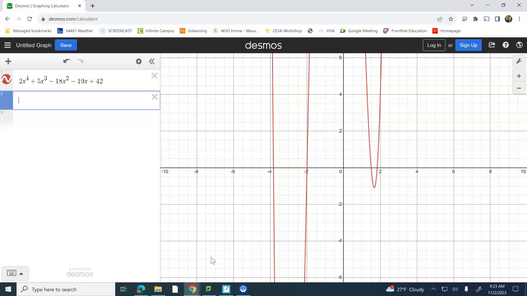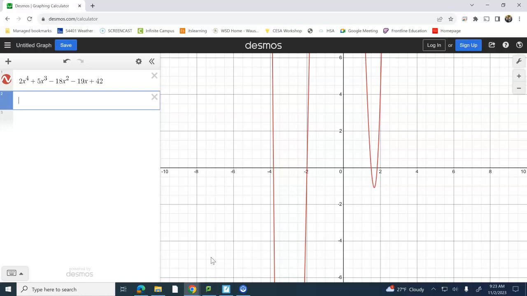So -2 is going to be a 0. With me? Okay? Then it also crosses at 3/2 because this is 1 1/2. So 3/2 is another 0 for me.